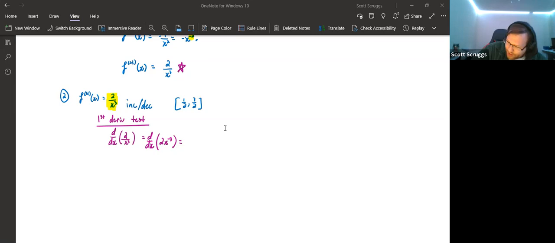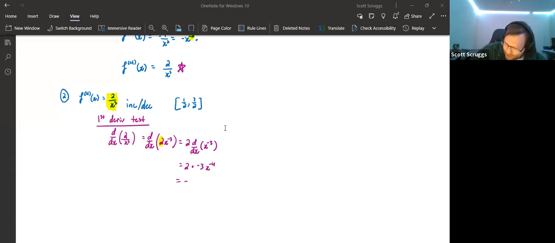2 is an extra coefficient. So our derivative rule says, if I have a coefficient in front of the function, I can move it out of the derivative and then take the derivative of what's left over. The derivative of x to the negative 3 by the power rule will be negative 3 x, subtract one more from the exponent, giving me x to the negative 4th.